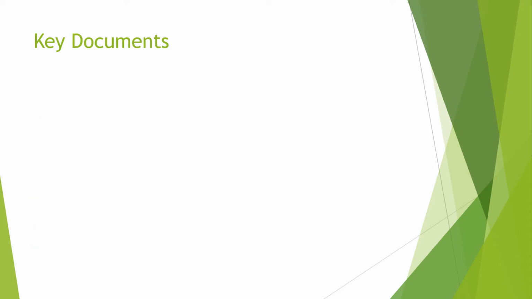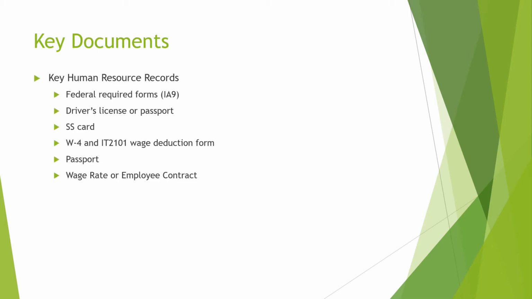So let's go over the key documents, because one of the first steps of an employee coming in is HR. They come in, they sign their paperwork, they have these forms that they fill out. You may have done these before on a work job. You may have never noticed all the different forms that you've filed, but some examples as an auditor to go in and verify that that employee actually exists and they're making the wages they should be.